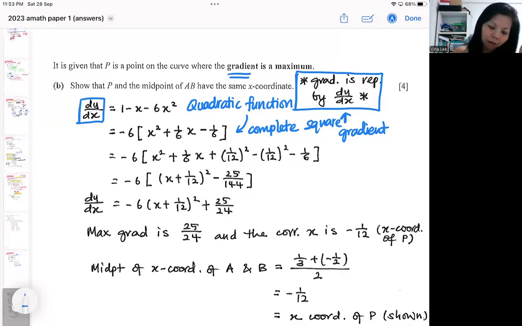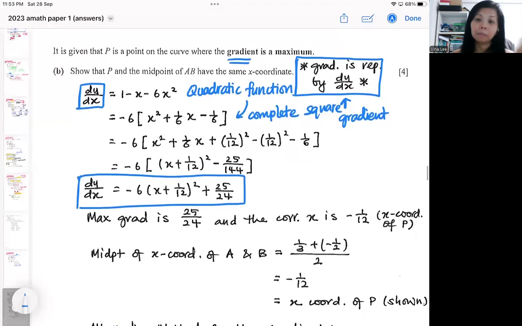So the whole idea is, when you do the complete square, you should get the maximum or the minimum. The underlying concept of completing the square is always to get the maximum or minimum value. Previously, you usually completed the square for y.